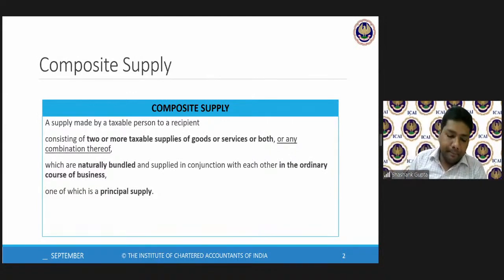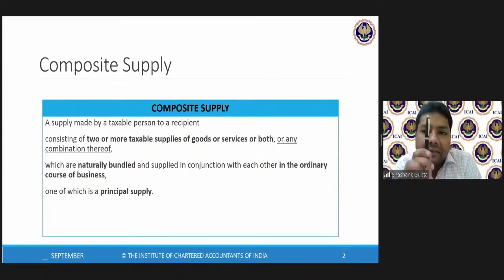Meaning thereby, I buy this pen and a refill came along with this pen. Pen is taxable, hypothetically, let us presume, at 5%. Refill is hypothetically taxable at 12%. But pen along with refill is natural. It will come with a refill. It is happening in the ordinary course of business.